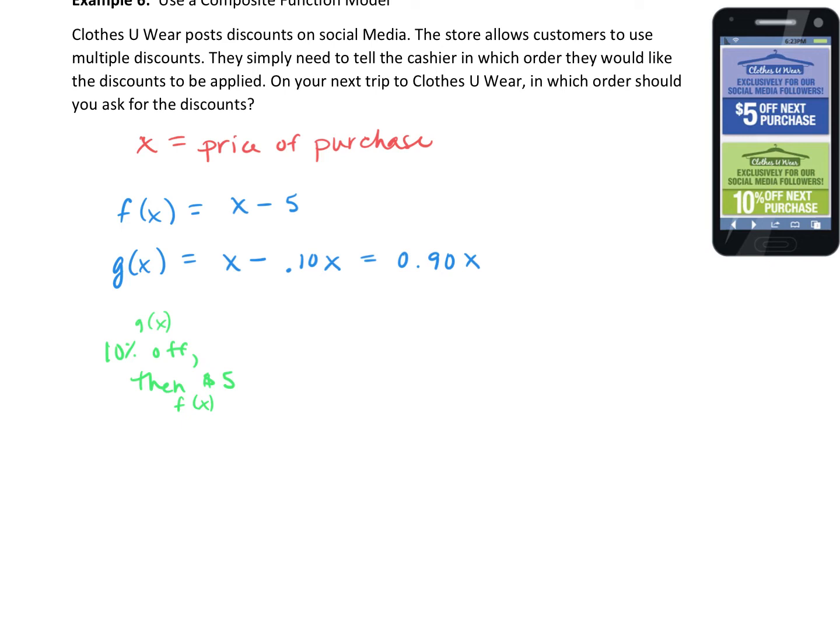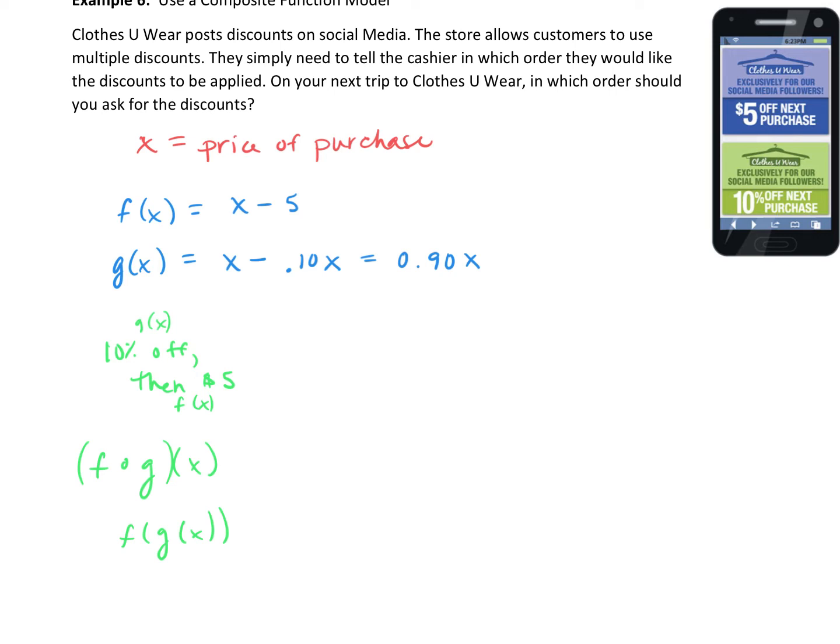Whatever function you're doing first is going to be the inside function. Are we going to do f following g or g following f? Because we want to do the g function first, we want to do the f function following the g function, which means we are going to do f of g of x.